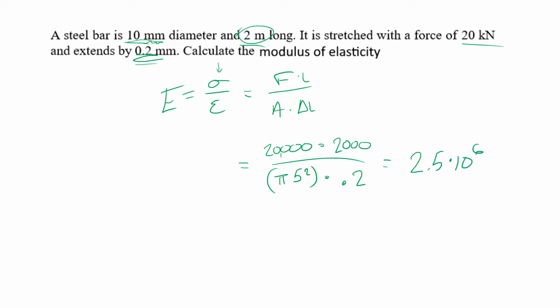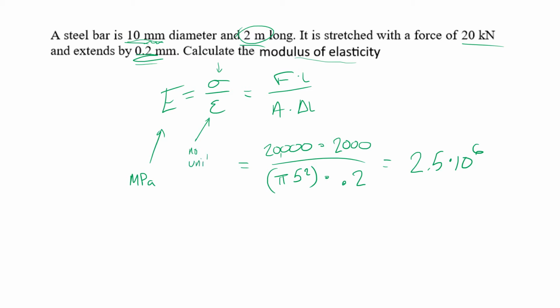All right, so it's a big number. Now, what's the units for this? The units for a modulus of elasticity are going to be the same thing as the stress units, all right? So they're going to be probably in megapascals, just like we were doing the other day. The reason for this is because strain has no unit, right?